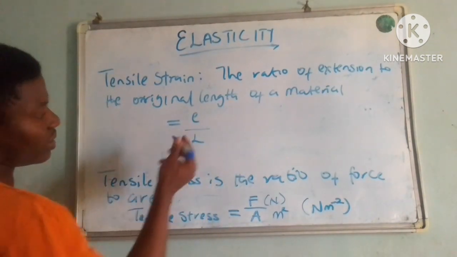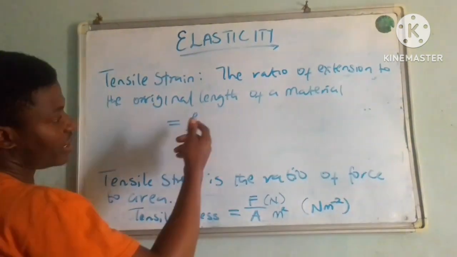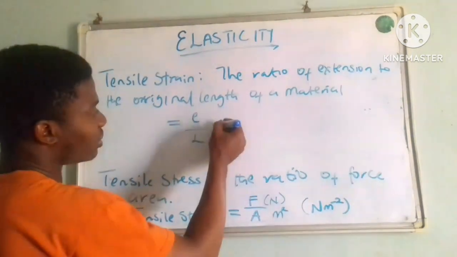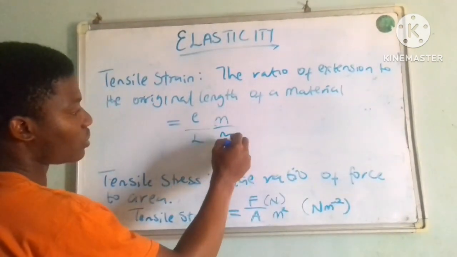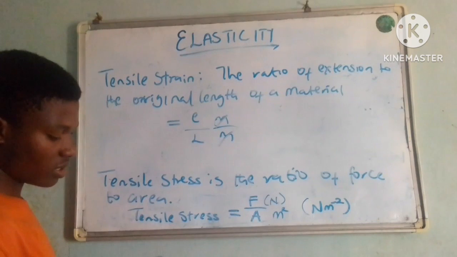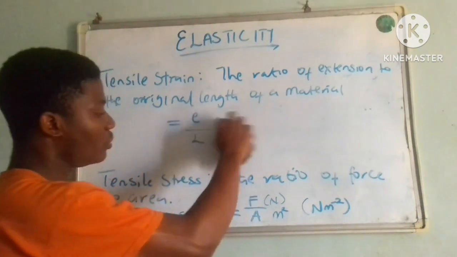It's not going to have any SI unit because extension is measured in meter, and length also is measured in meter. So meter will cancel meter, making tensile strain not to have an SI unit.